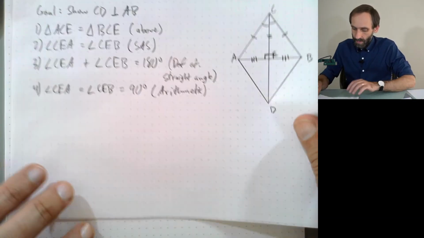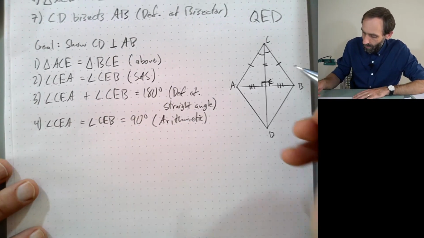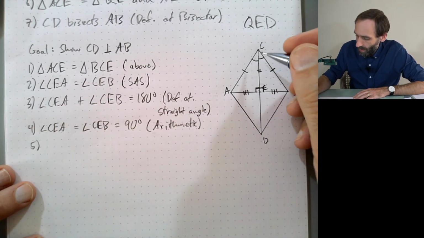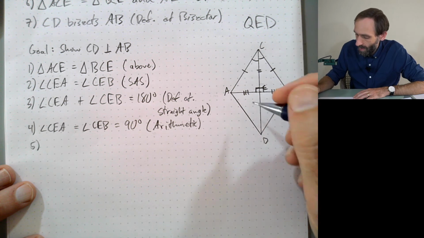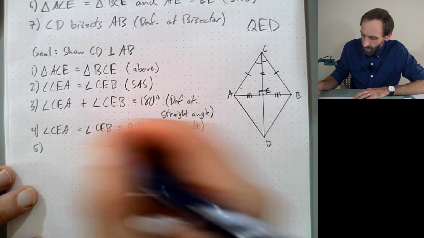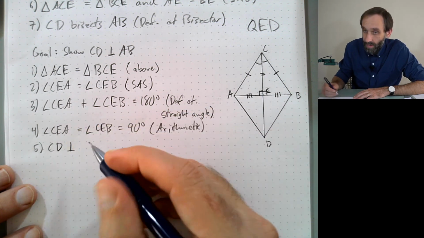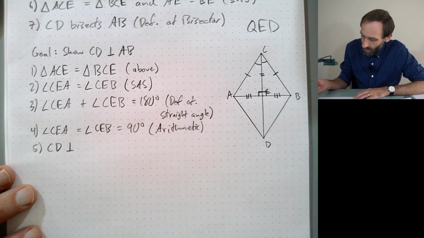And so, since they're equal, then step 5, CD is perpendicular to AB. Remember this symbol right here means perpendicular to.